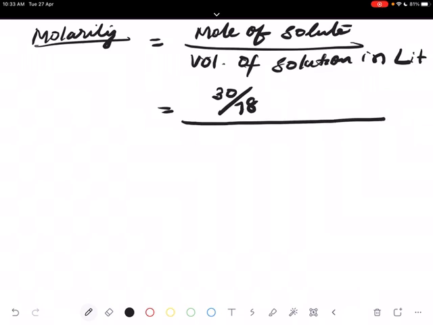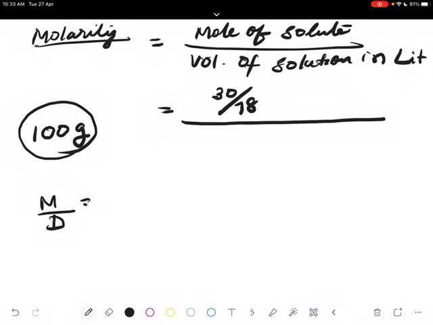Now volume of solution in liters. Solution volume is not given, but solution weight is given, that is 100 gram. So first you convert this 100 grams into volume. You know that mass by density is volume.